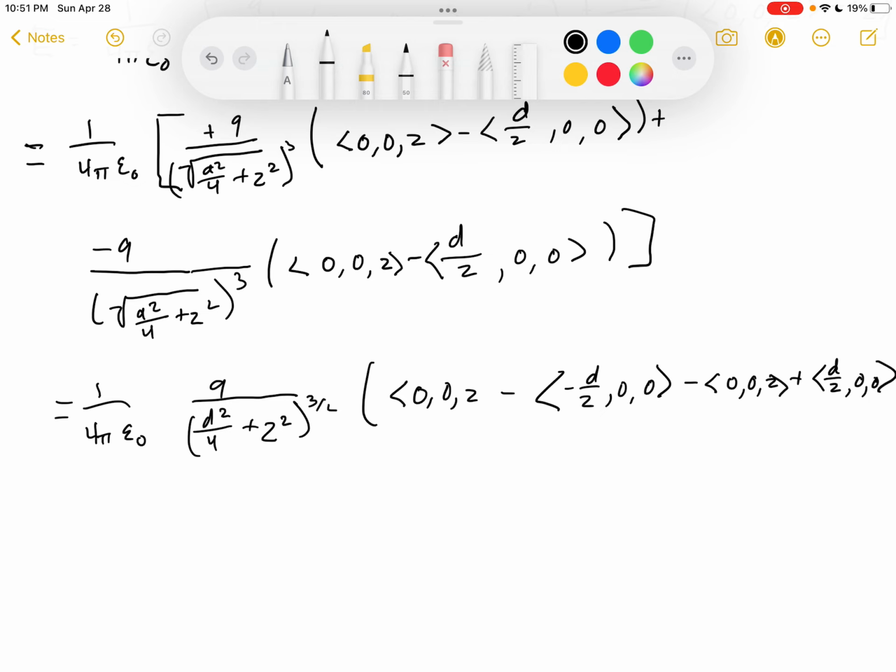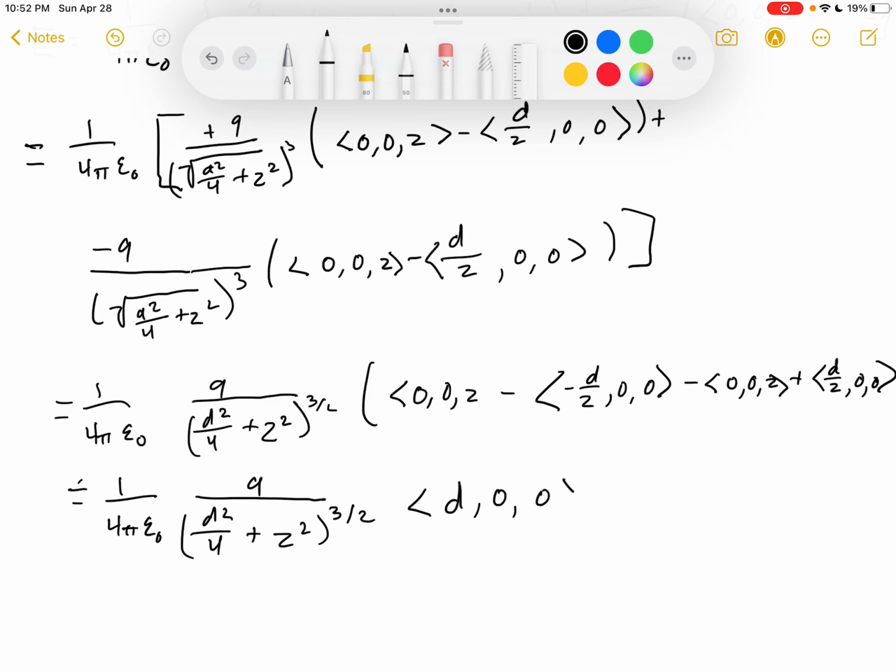And once we further simplify that, we get 1 over 4 pi epsilon naught times q over d squared over 4 plus z squared all to the 3 halves, times the vector d, 0, 0.